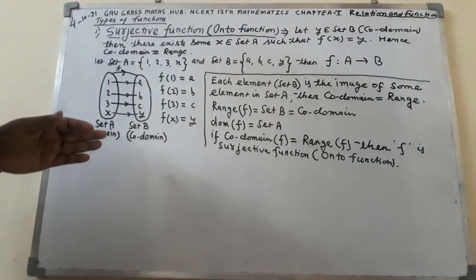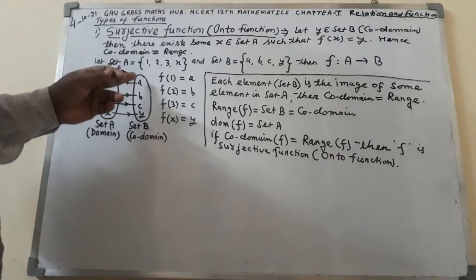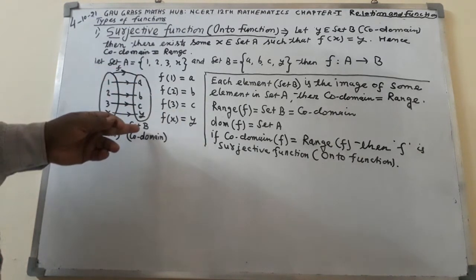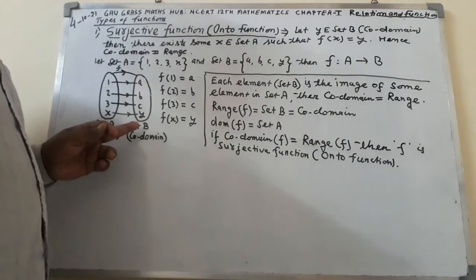Here each element of set B must be an image.